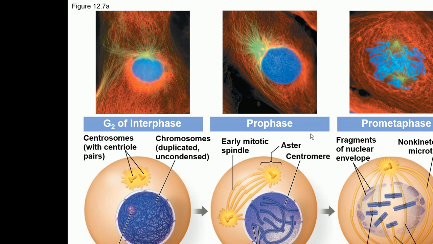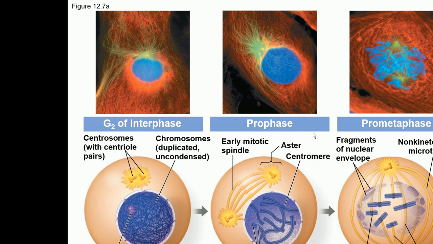So you can see here at the end of the interphase, there are duplicated centrosomes, and in the prophase they start moving apart and start forming the mitotic spindle, because these centrosomes are microtubule organizing centers, and from these centrosomes the microtubules arise and form the mitotic spindle.